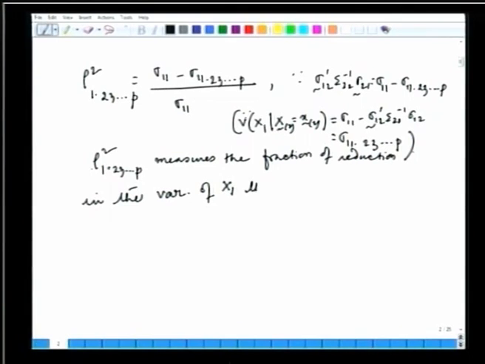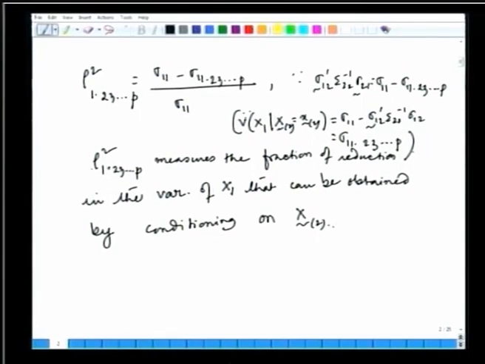This reduction can be obtained when I condition x1 on the given information of x2. So, that is a new interpretation that we can give when we have some distributional assumption, namely the random vector follows a p-variate multivariate normal distribution with some covariance matrix or dispersion matrix sigma.